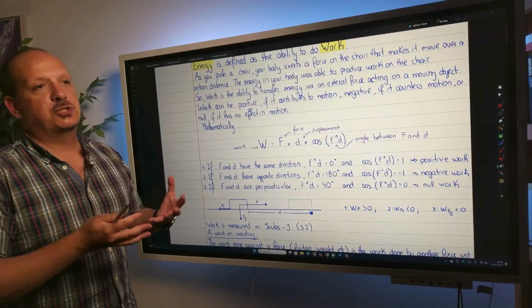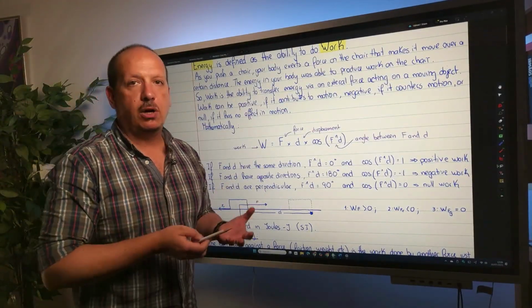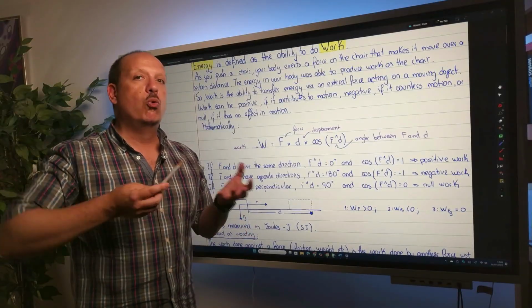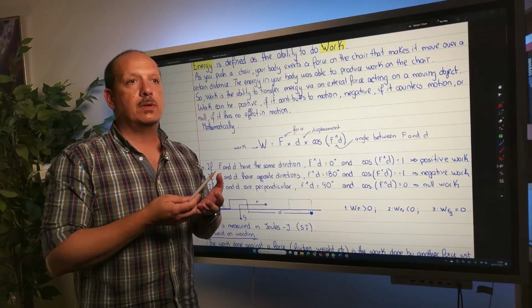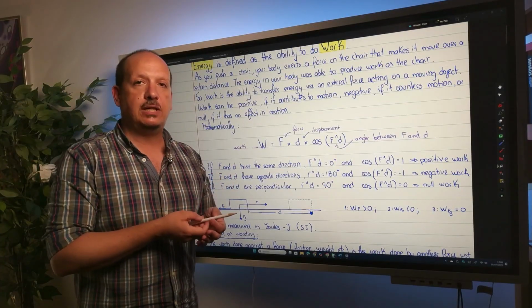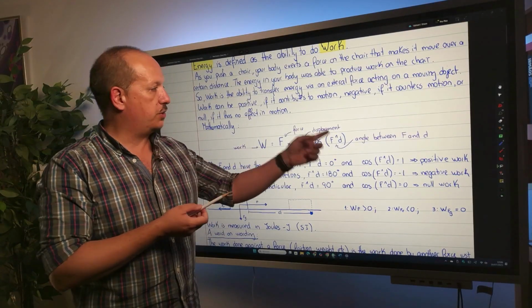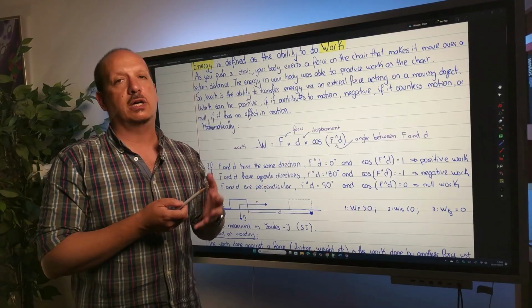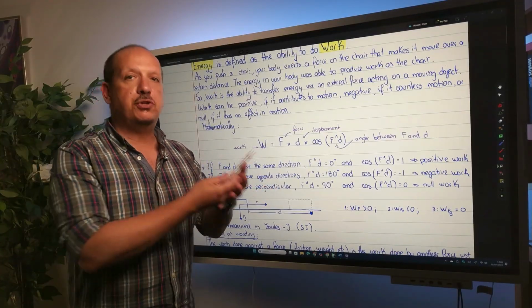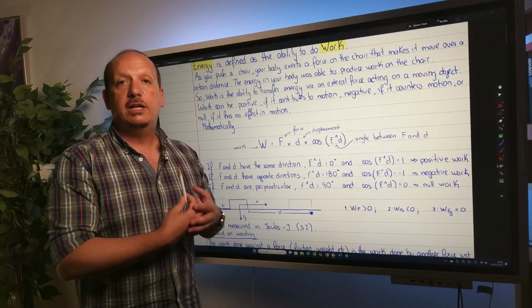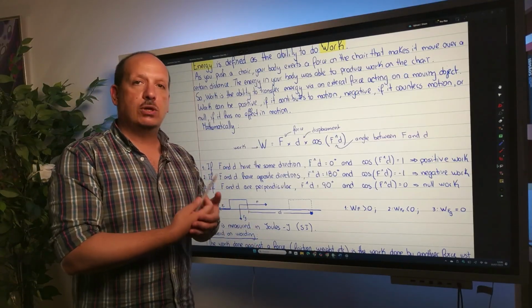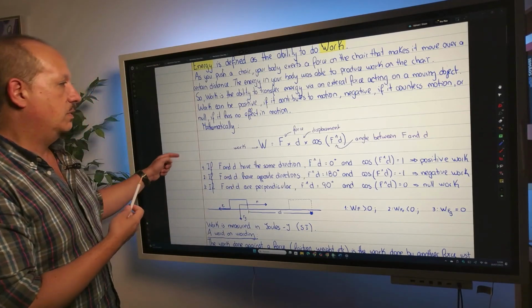In any object that is moving, if you have a multitude of forces, you can study the work that each one is going to have in relation to that object. And by using this formula, you can analyze if the work is contributing to the motion, or if it is countering the motion, or if it is having no effect whatsoever on the motion. Okay?